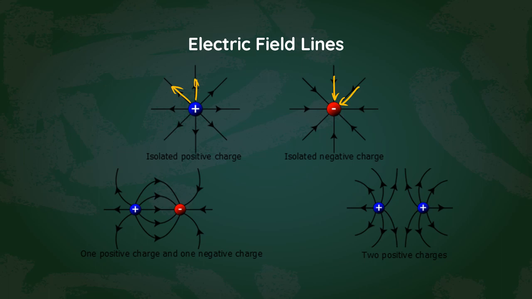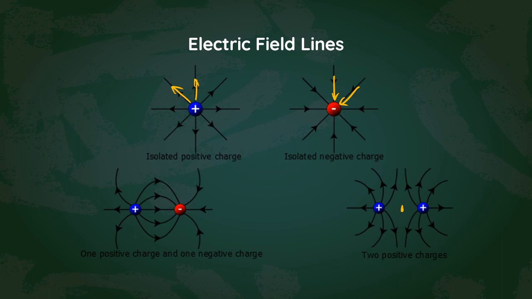If you have like signs, such as two positive charges here, it will look like this. Since for these positively charged particles, electric field lines diverge out of the particle, you will have here a neutral point where no electric field lines pass.